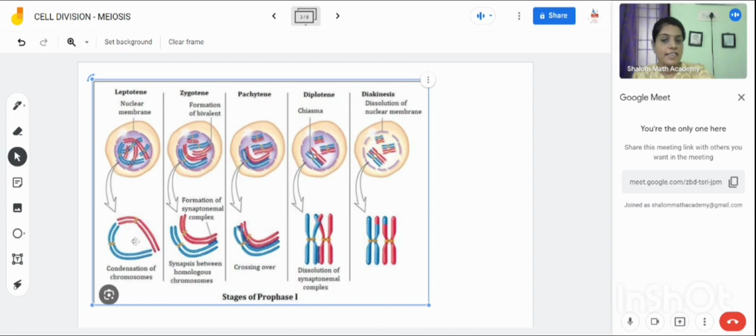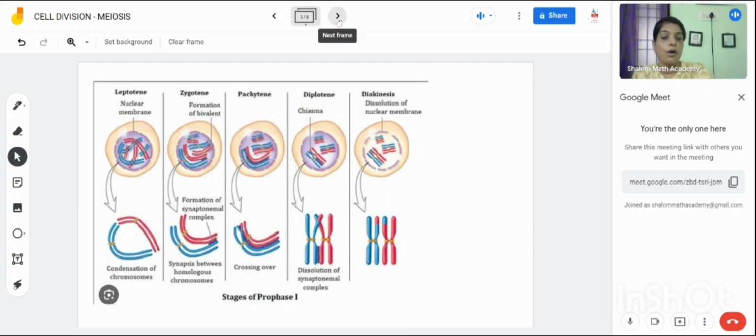Then there is condensation of the chromosomes. The chromosomes have to become thicker. Earlier they were thread-like structures, now they have to become thicker. This is what happens in the leptotene phase. In zygotene, what happens? There is formation of bivalents and formation of the synaptonemal complex.